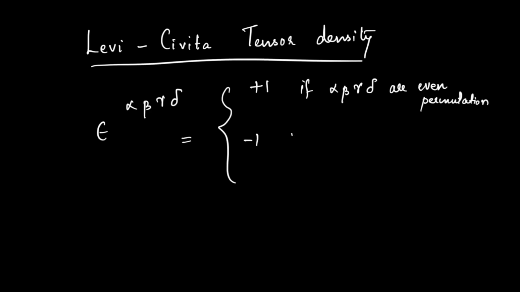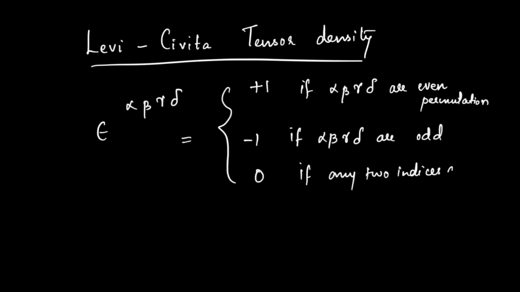Minus 1 if alpha, beta, gamma, delta are odd permutations. And it will take the value 0 if any two indices are the same.